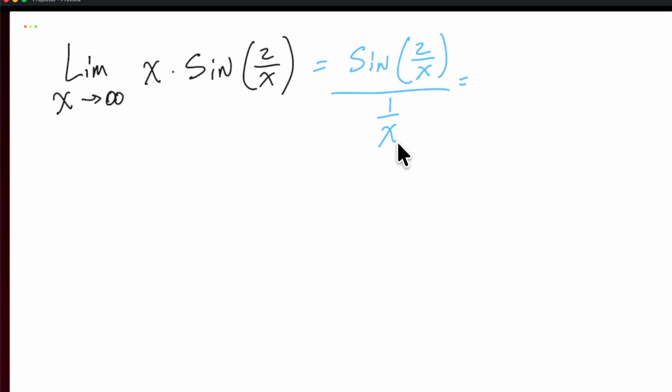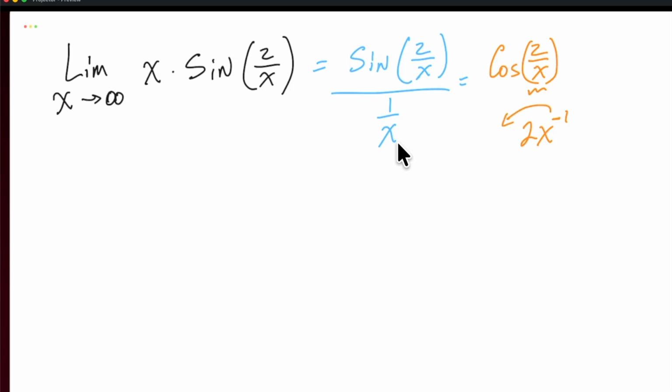So let's go ahead and first do the derivative of the numerator. We're going to have cosine of 2 over x. And then we're going to have to take the derivative of the inside for the chain rule. So we want to take the derivative of 2 over x. That's the same thing as taking the derivative of 2 times x to the minus 1.